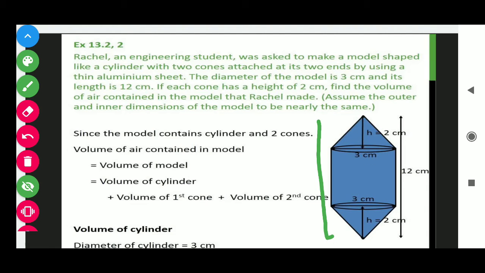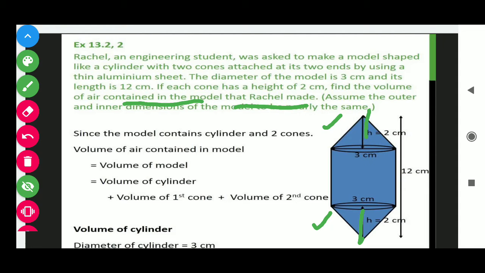If each cone has a height of 2 centimeter, then the total height of the cylinder is 8 centimeter by subtracting the height of the two cones. Find the volume of air contained in the model that Rachel made.